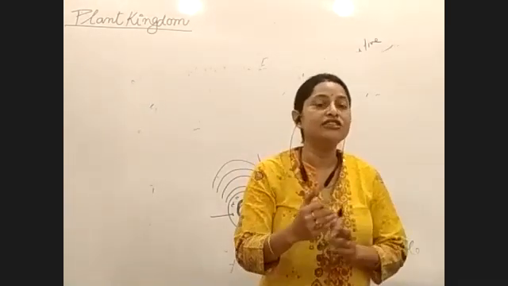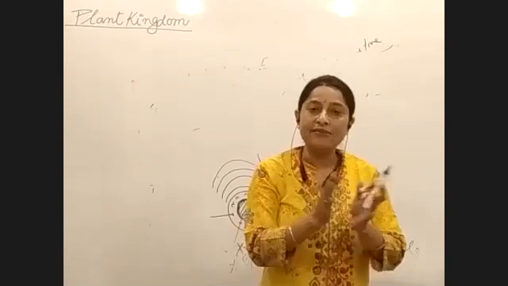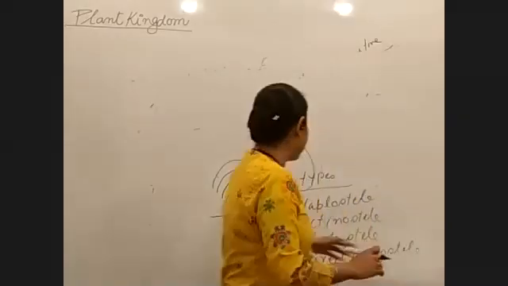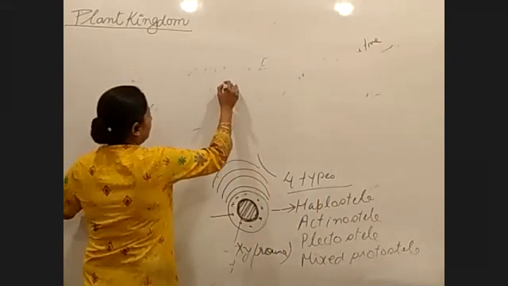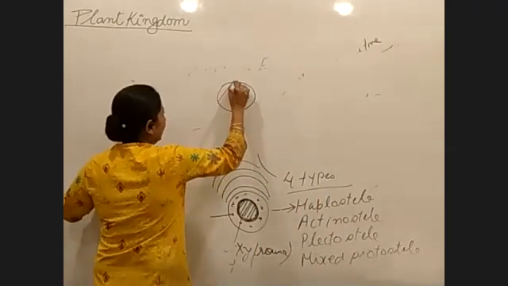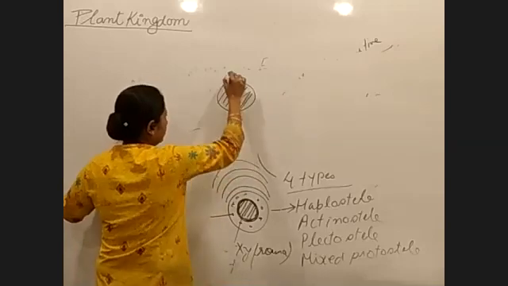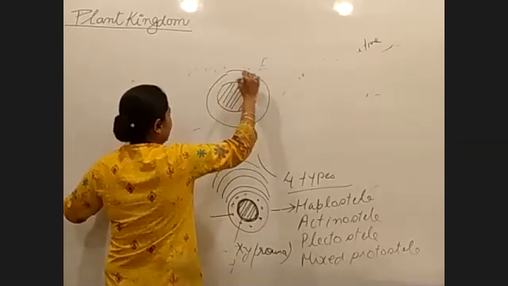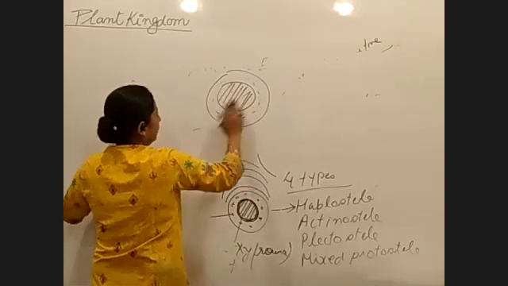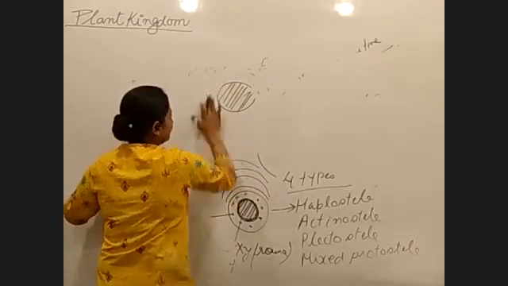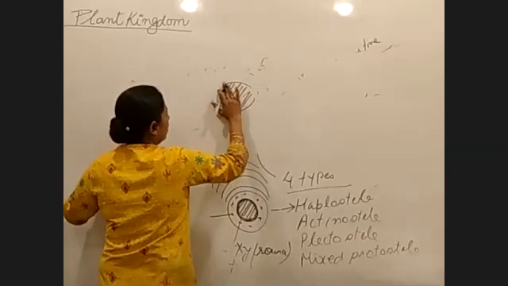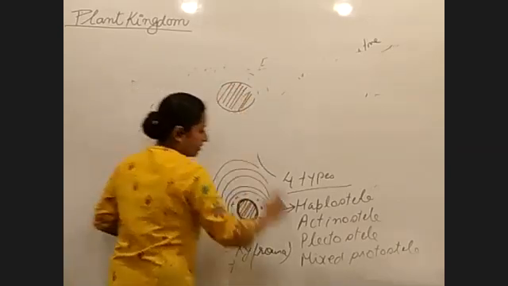Gradually the xylem tissues started separating and breaking down. So take this solid structure. Initially the xylem was like this, solid and round, and this is the phloem. Next, this solid structure started breaking down.